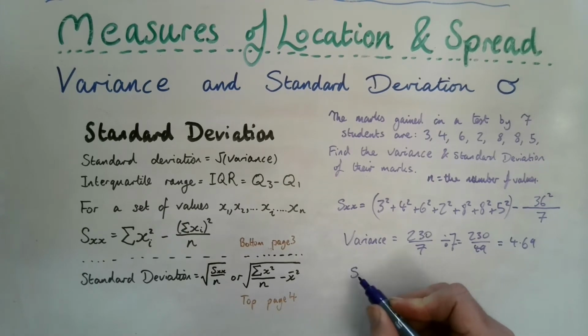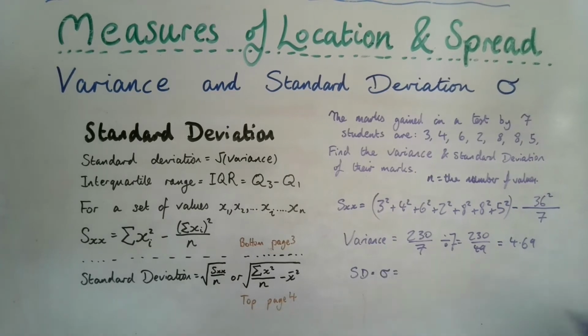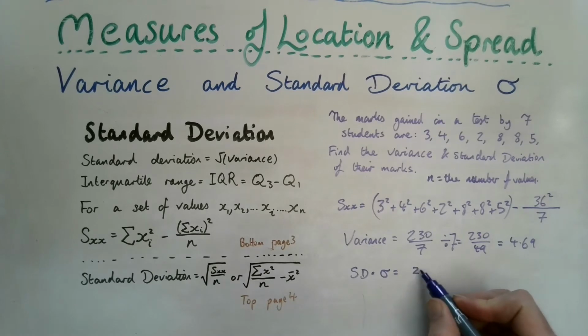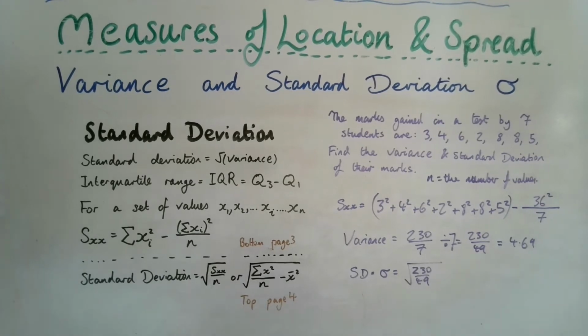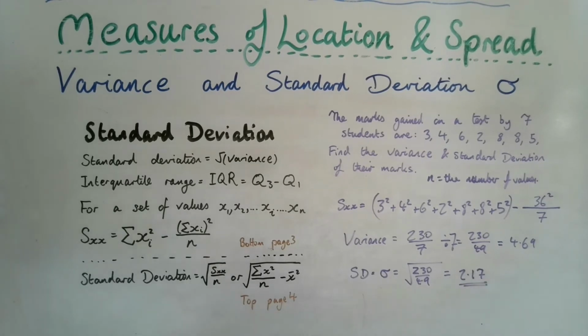Standard deviation, therefore, I'm not going to write standard deviation, we use that symbol generally, it saves us a bit of time, is going to be that 230 over 49 rooted, which should give you 2.17 to 3 significant figures.